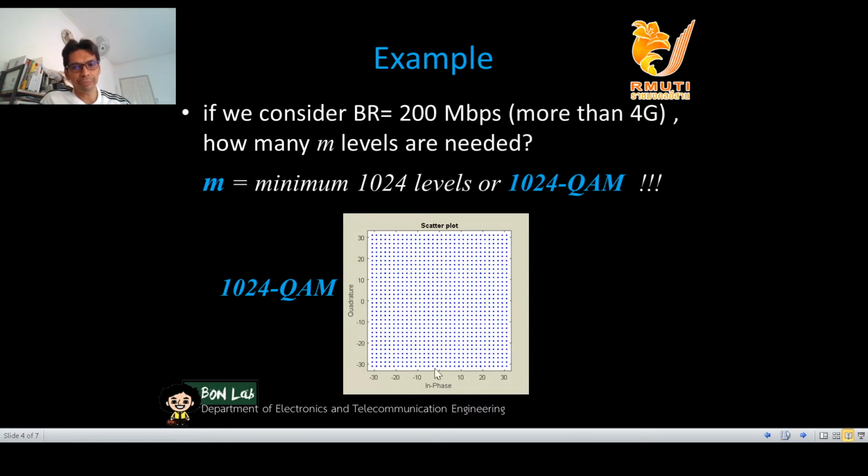You can see that means it's very sensitive to noise, sensitive to interference, sensitive to anything from hardware, from the channel. I believe we have no chance to get it with this 1024 QAM.